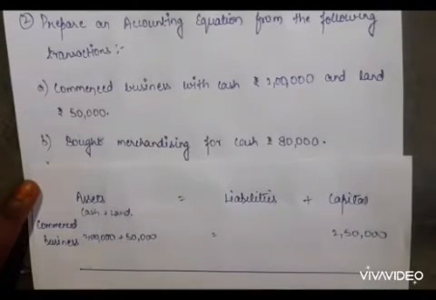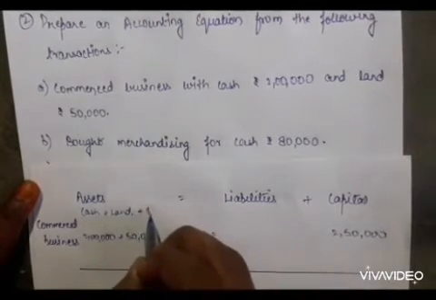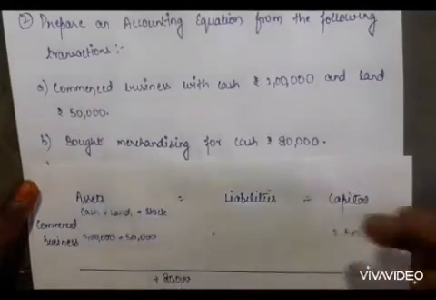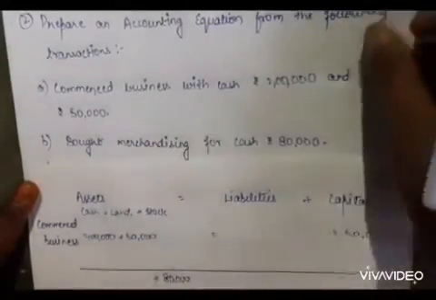Bought merchandise for cash, rupees 80,000. So what is this? We are talking about the stock. We have purchased goods, so here again we will add a stock, and in the stock part we would be writing 80,000. Okay, so what will happen?